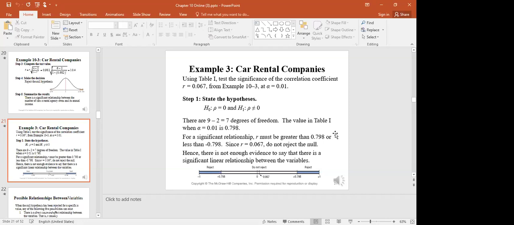Okay, this example in your textbook is example 10.6.